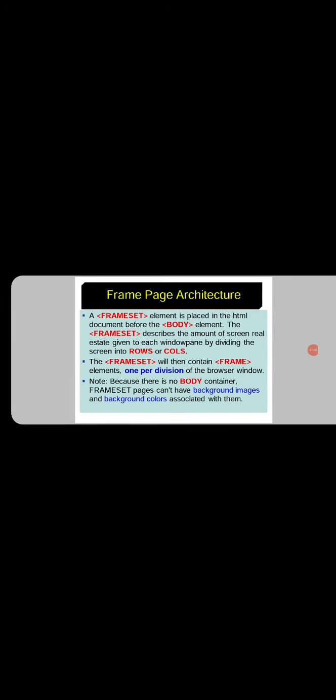So what is a frameset tag? The frameset tag is generally used to set or give the properties of the frames used. It tells how the frames are divided and how the frames are used in an HTML case.